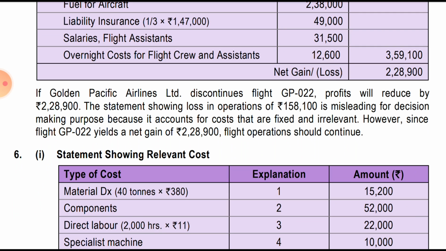Just because the irrelevant fixed costs are being deducted from this, it has been showing a loss of 1,58,000, but that is not relevant for the decision. So our net gain basically is 2,28,900. So the flight operation should continue.